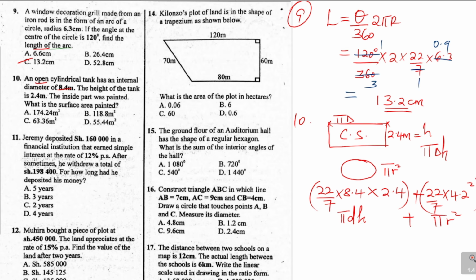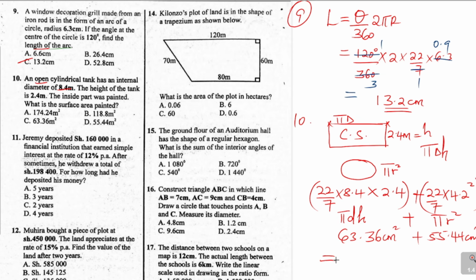So 22/7 times 8.4 times 2.4. So for this specific part, for the curved part, you will get 63.36 centimeters squared. Then for 22/7 times 4.2 times 4.2, that will give 55.44 centimeters squared.